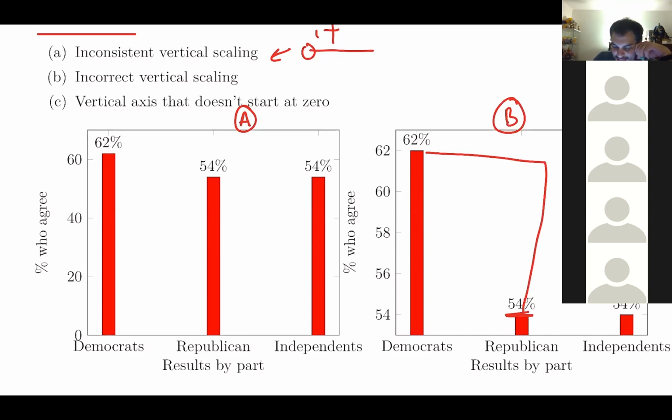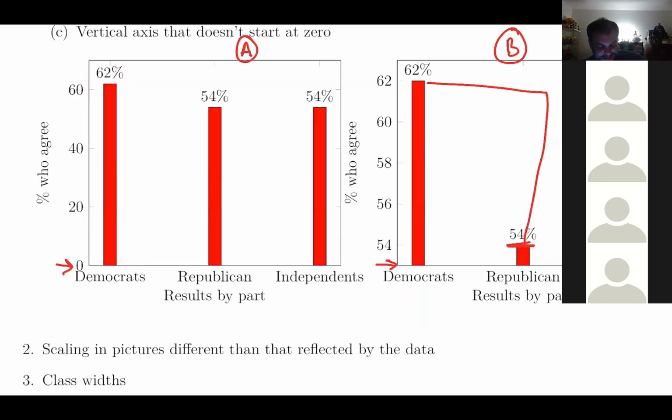The reason is that the graph doesn't start at 0. If you look at the left one, it starts off at 0, and that's why you always want to start at 0, because if you don't, it's going to make it seem like there's a major difference when there actually is no difference. All right, so that's for the vertical scaling or vertical axis.